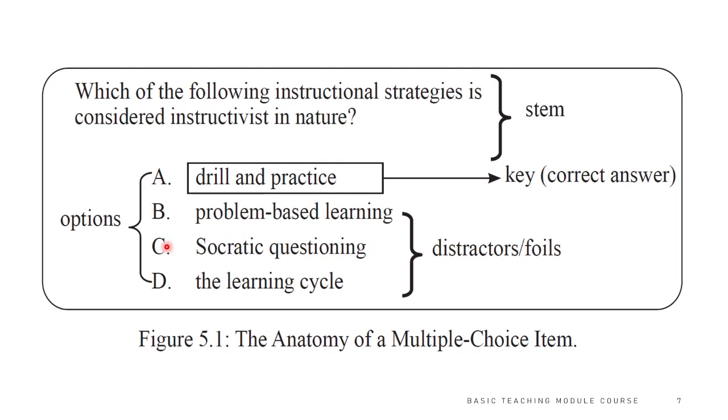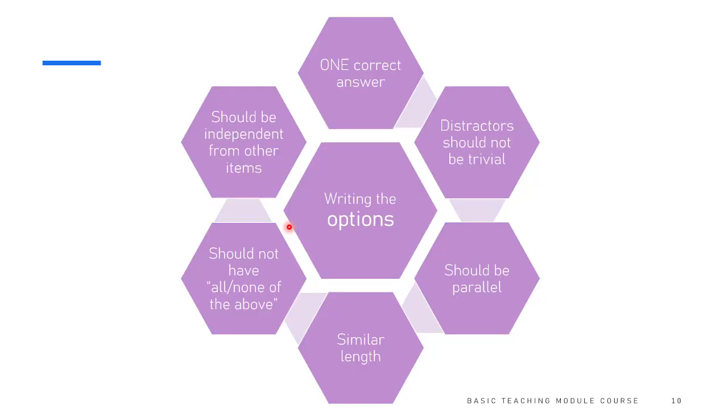C, drill and beats. And then D, practice and exercise. So these are all trivial examples of distractors. Make sure that the distractors are something students would consider part of the answer, but are actually not the correct answer. So that's what it means by distractors should not be trivial. They should be important based on the topic.